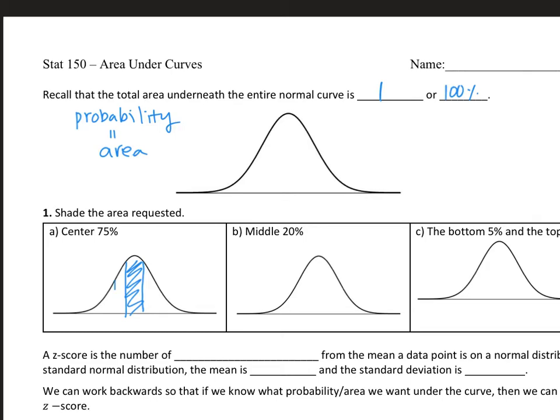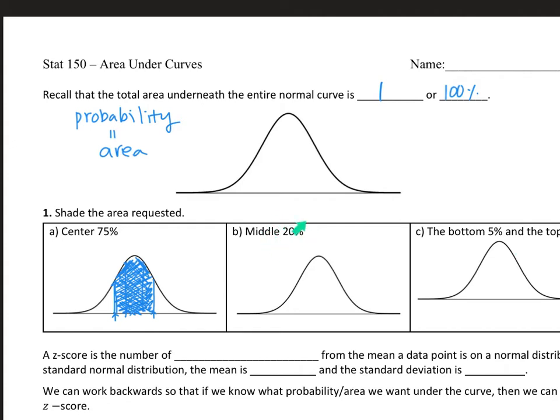So maybe something like this. For now, I'm estimating what these two points are, but I want to pick it so that it's as close to 75% as possible. But at least for now, it's my estimate, because here I want you to just have a sense of what 75% is. Okay, now I'm going to have you try part B and part C.